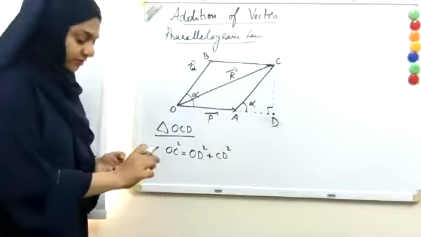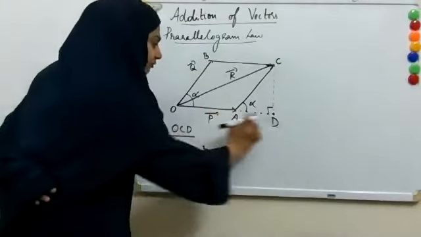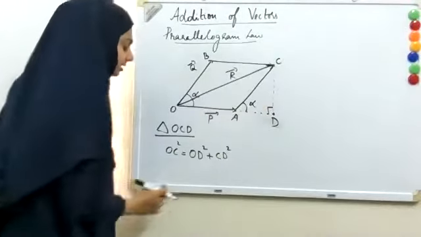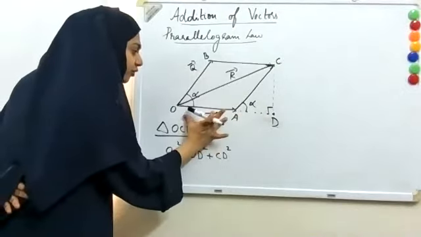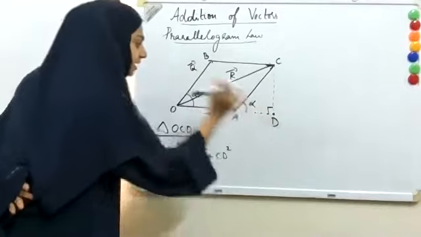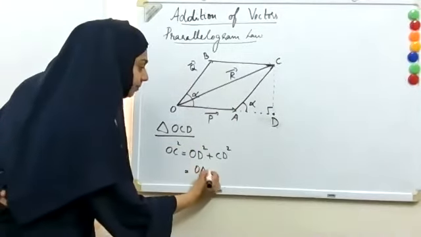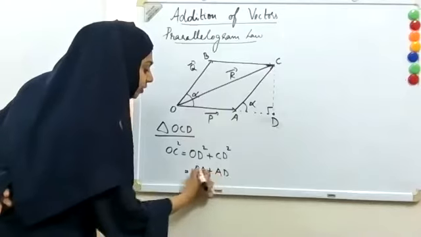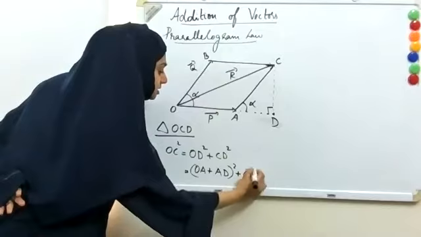If you have any confusion, stop me in between, okay? So I have OD and CD. OD is the sum of OA, which is P, and AD. So OD, I'm going to write it as OA plus AD, the whole square, plus CD square.